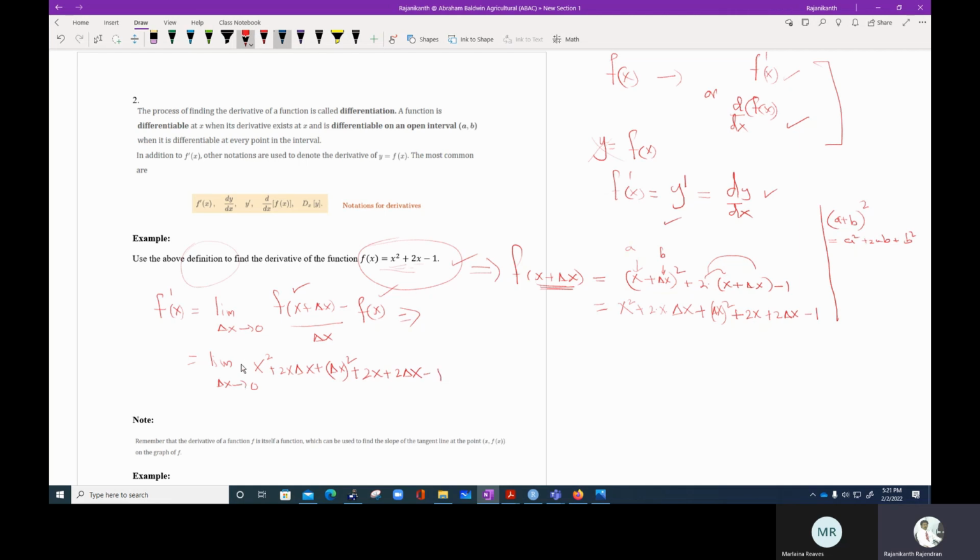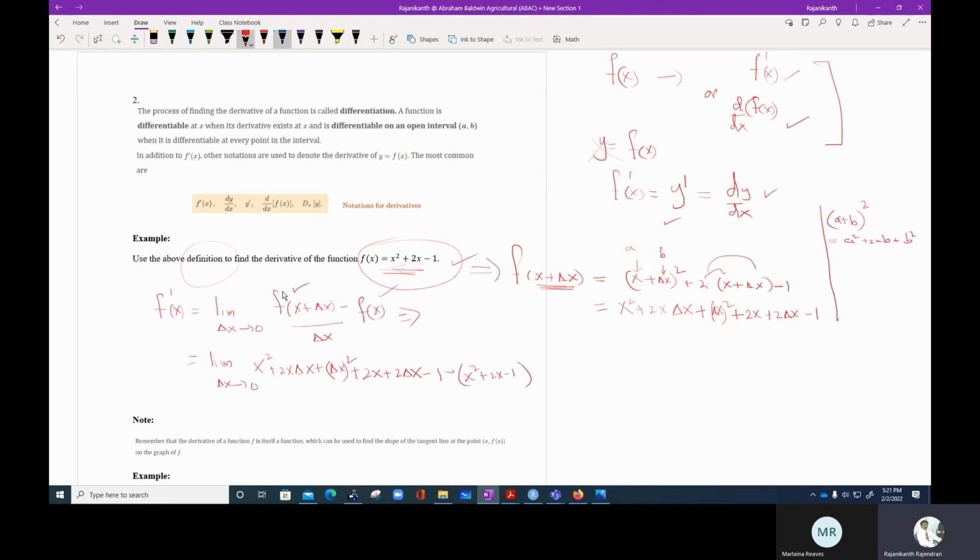So this is all just for f of x plus delta x. Then you need to subtract f of x. I know f of x, given in the problem, which is x squared plus 2x minus 1.